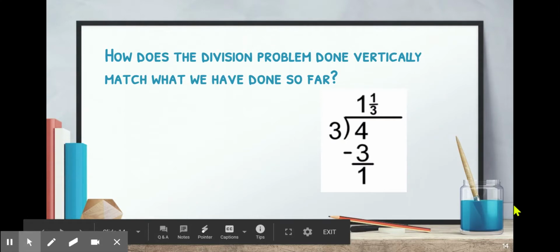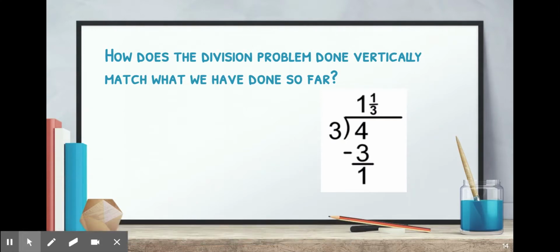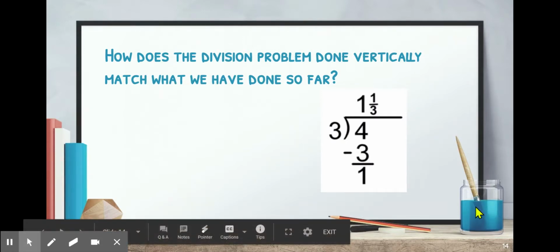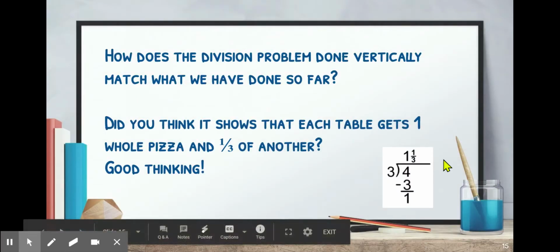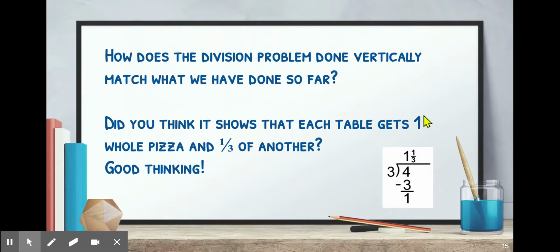How does the division problem done vertically match what we have done so far? That's right. We had 4 pizzas divided between 3 tables. Each table would get 1 1/3 pizza. The division problem finds the amount of pizza each table would get.